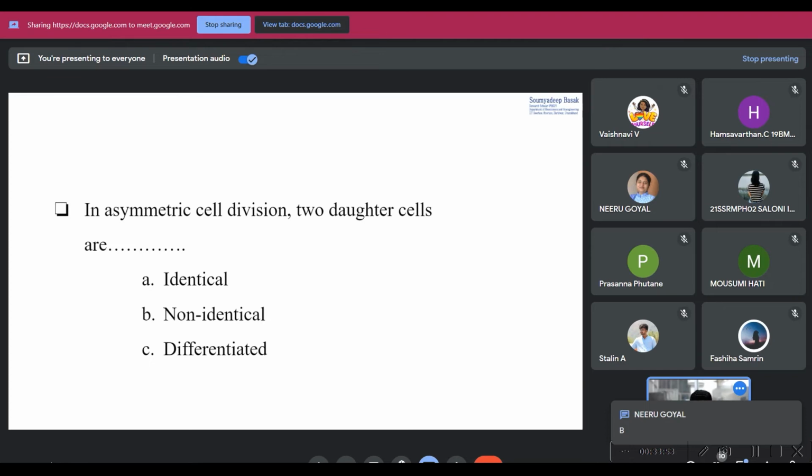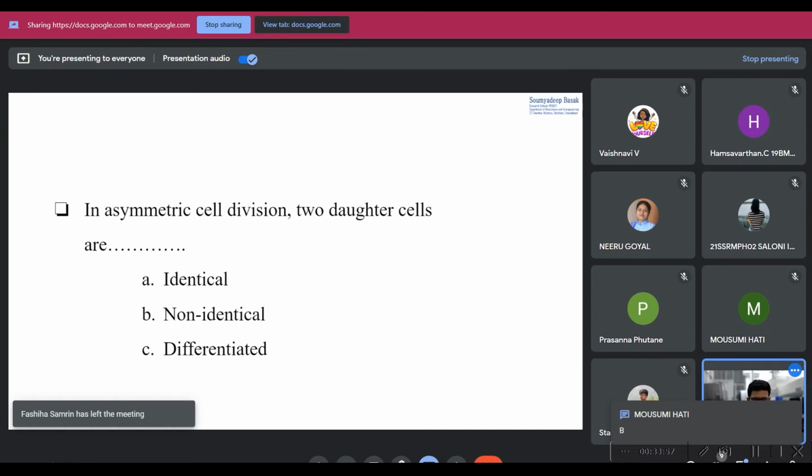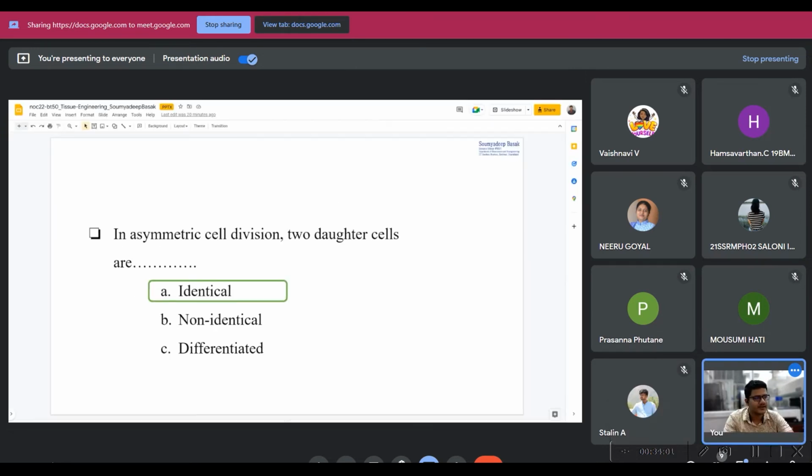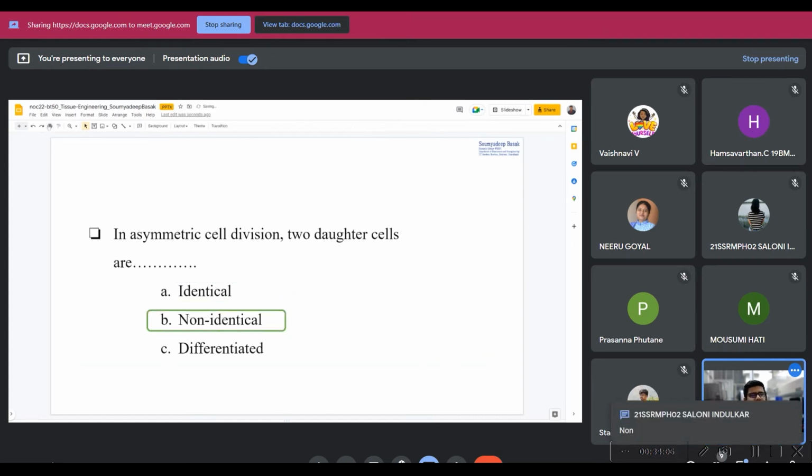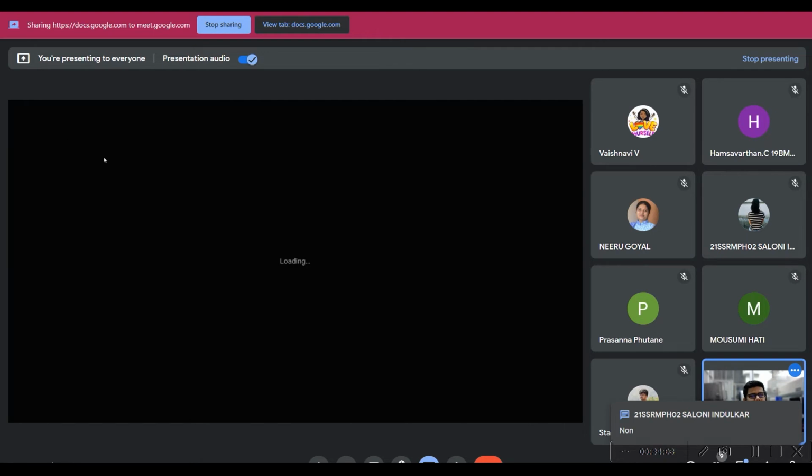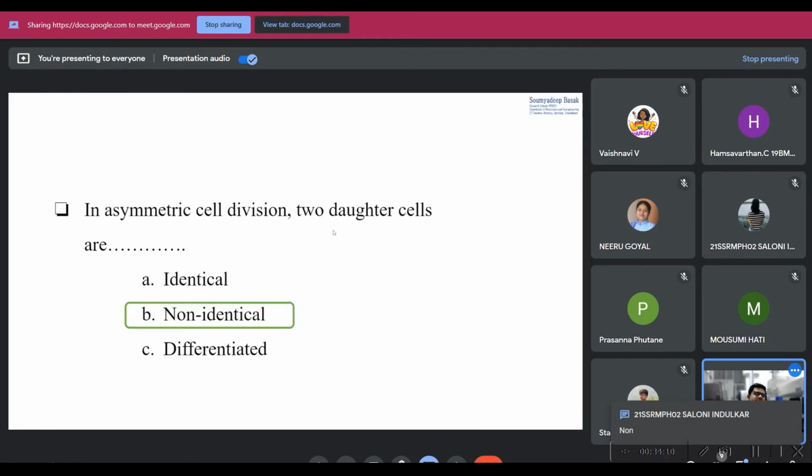I'm getting the response. Anyone? So they are non-identical. In asymmetric cell division, the two daughter cells are always non-identical.